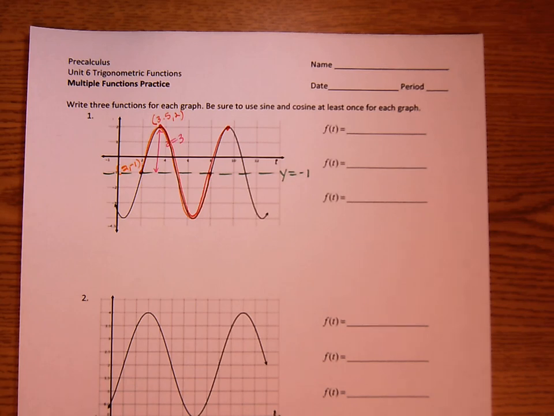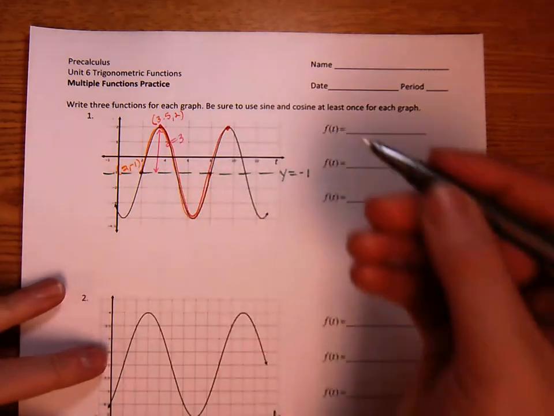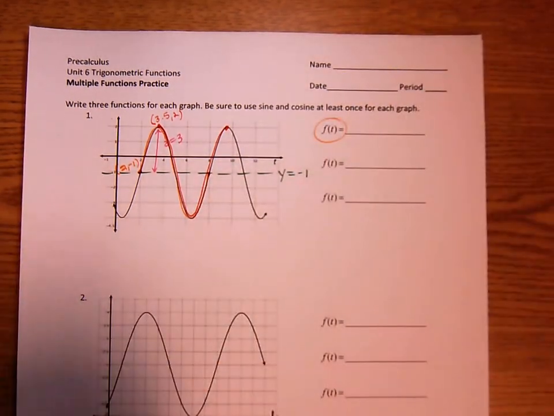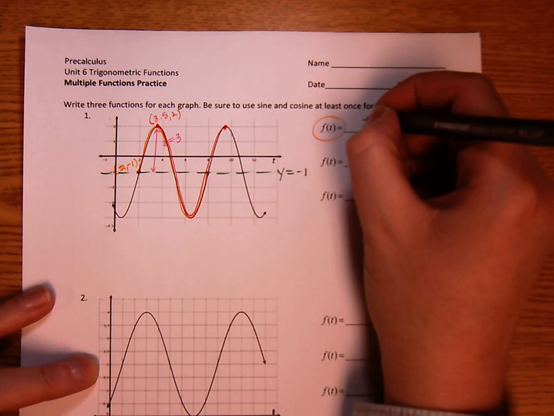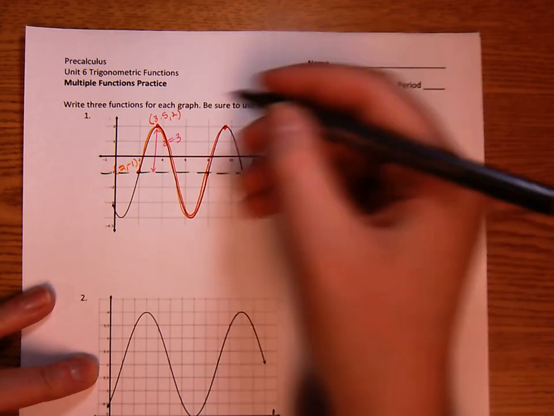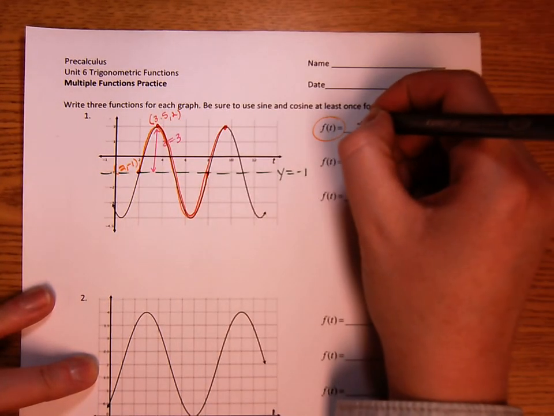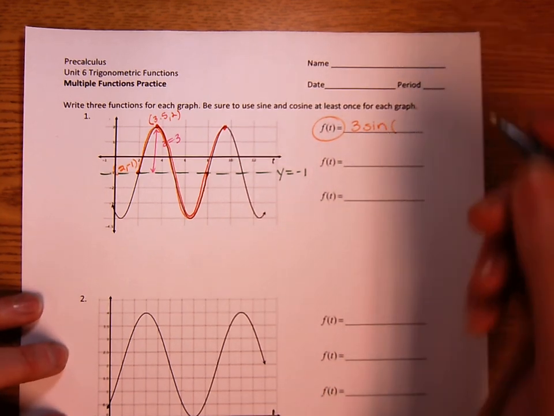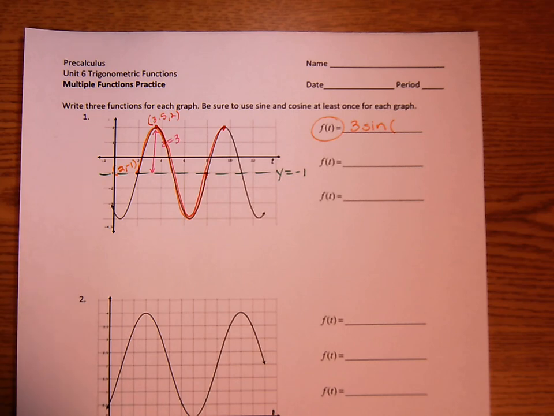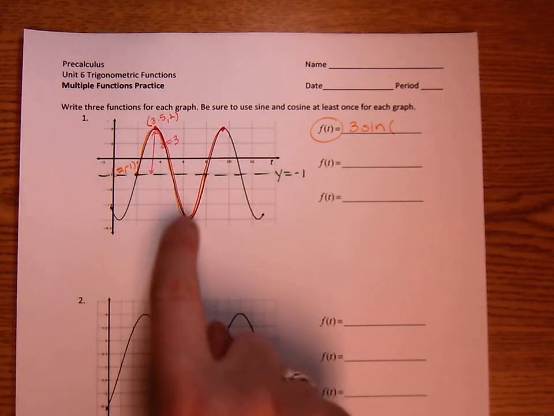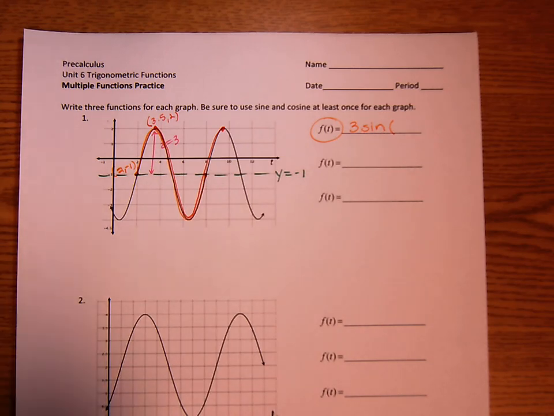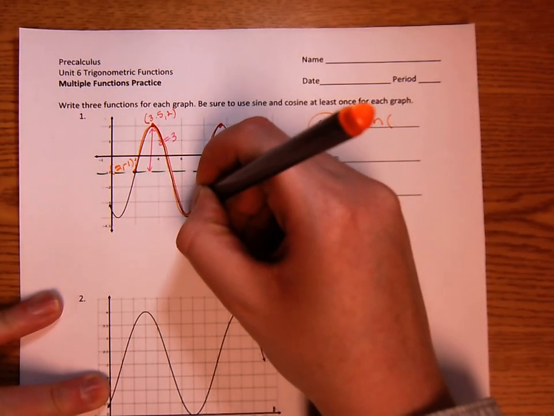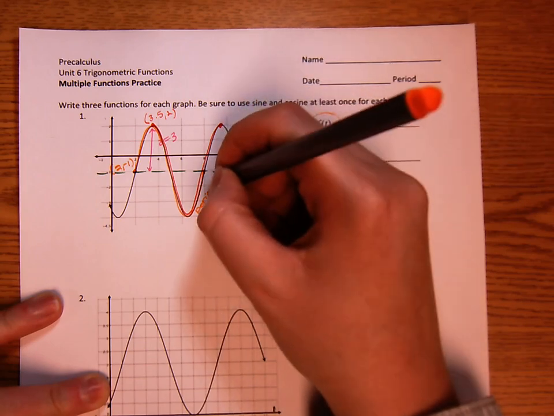So in this case, let's start with what I highlighted in orange. Because I started 2 units to the right, my function would have to be, in this case, sine, and I'm starting at a point going up, so I don't need any reflection over my a value, so it would just be 3 sine of, I have to calculate my period, and then my frequency. So in this case, going from 2 all the way through my critical points to 8 tells me that the period ends up being 6.